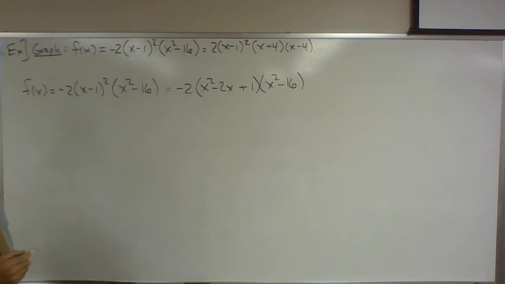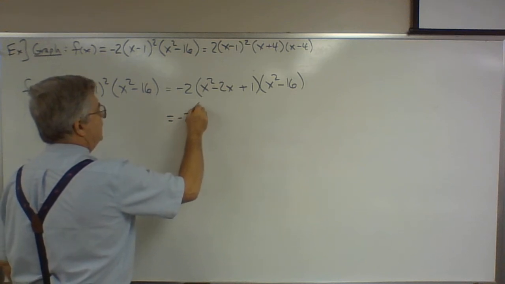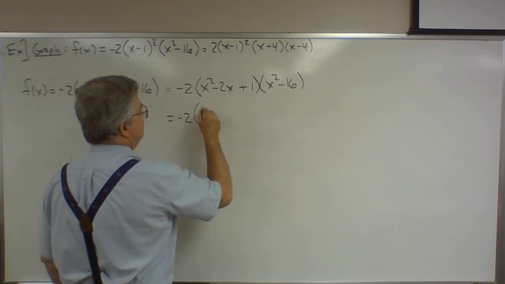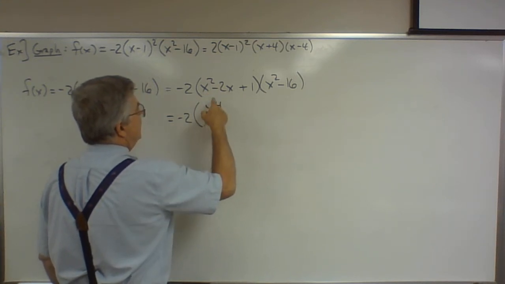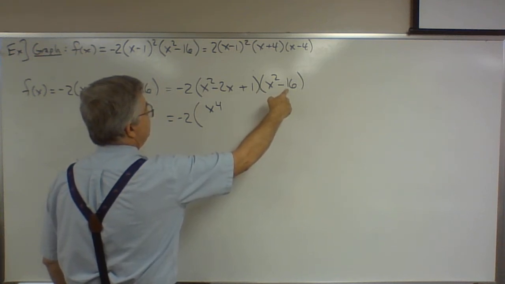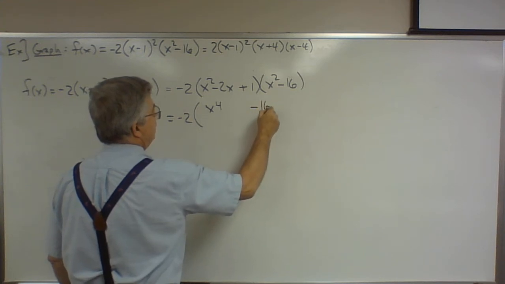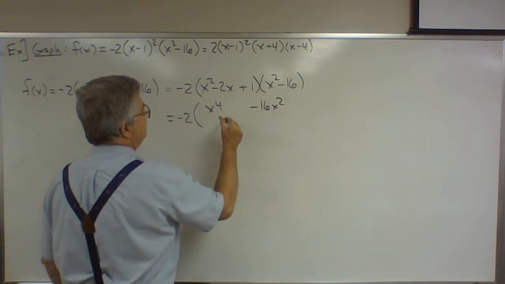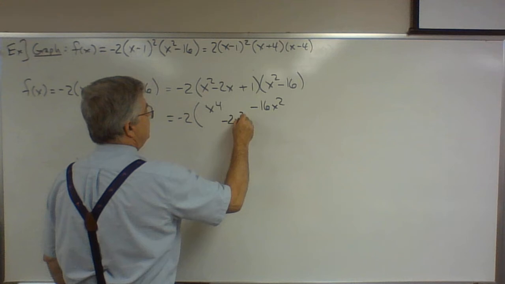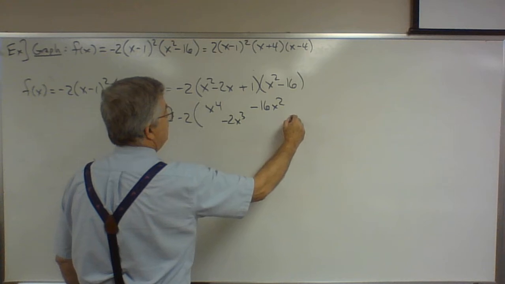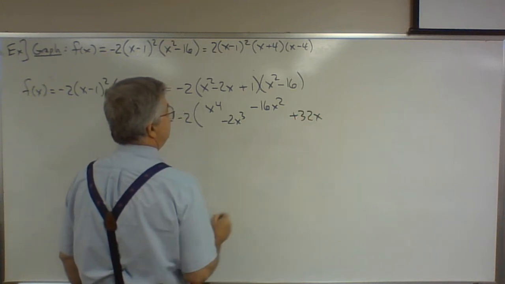Okay. X squared times x squared is x to the 4th. X squared times negative 16 is negative 16x squared. Negative 2x times x squared is negative 2x cubed. Negative 2x times negative 16 is plus 32x.